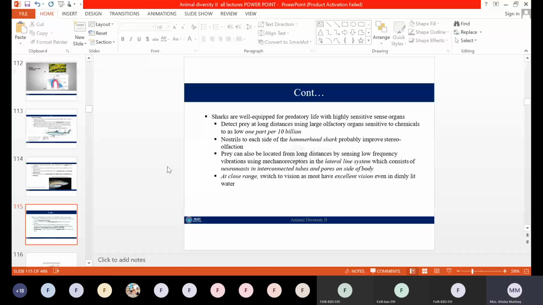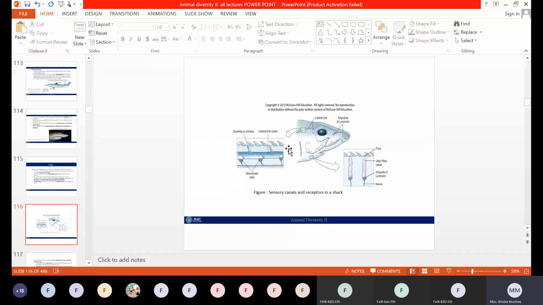Here you can see in the diagram, we have talked about the lateral side, where some pores are present that can help this shark to basically capture the low frequency vibration using its mechanoreceptors for capturing the prey.